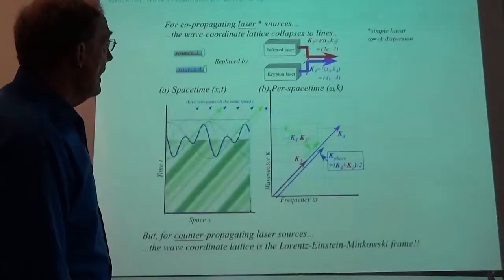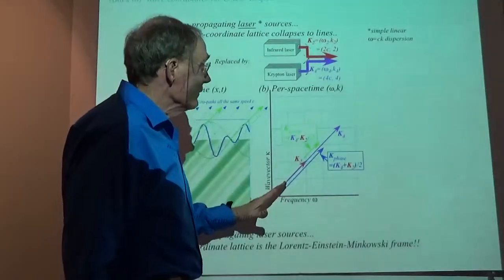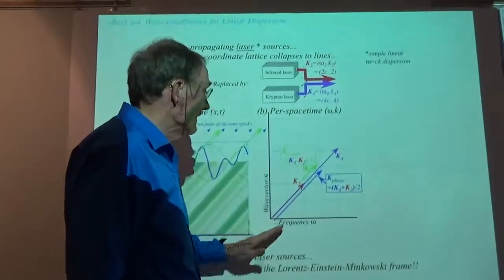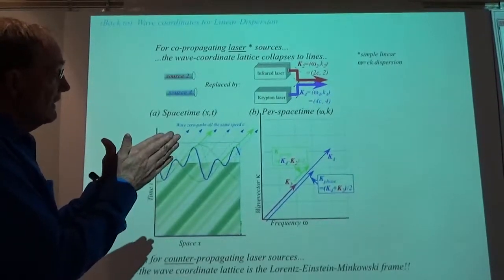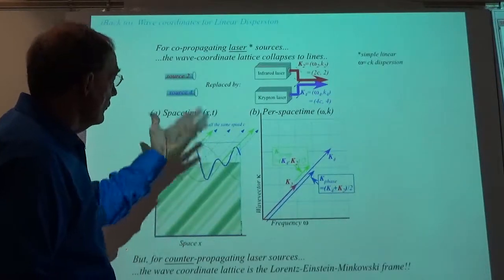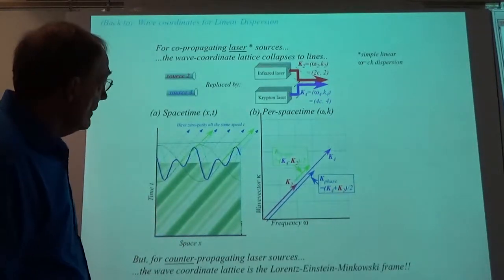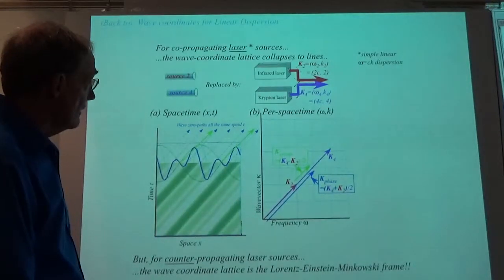But let's go back to linear dispersion. If I put two lasers in the same direction, then the cross product of the two vectors gives me zero area. So I can't make anything but a streak, a bunch of streaks. Because the group and the phase are going at the same slope, same speed.